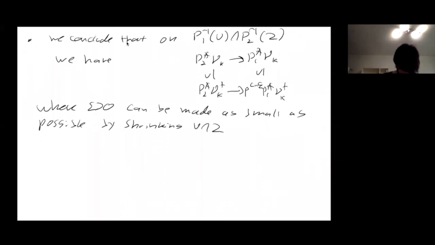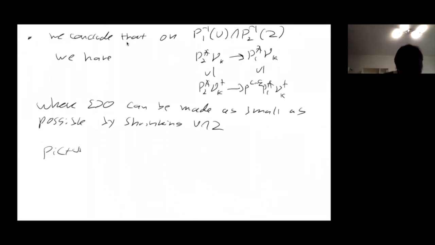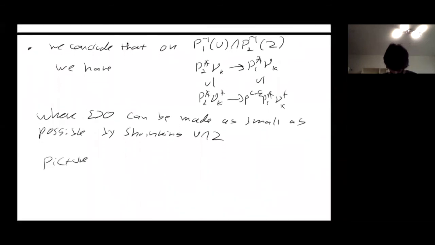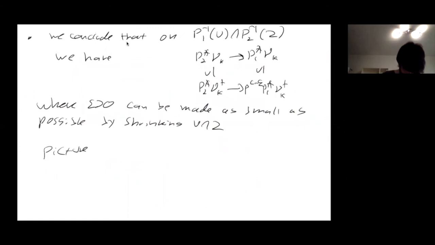So let me just remind you of the picture so that you understand what is the significance of these sets, these sort of intersections on the correspondence. So this is just the picture of how the correspondence acts on cohomology with support. So we have this component of the ordinary locus, S_K ord W, that we're trying to study.